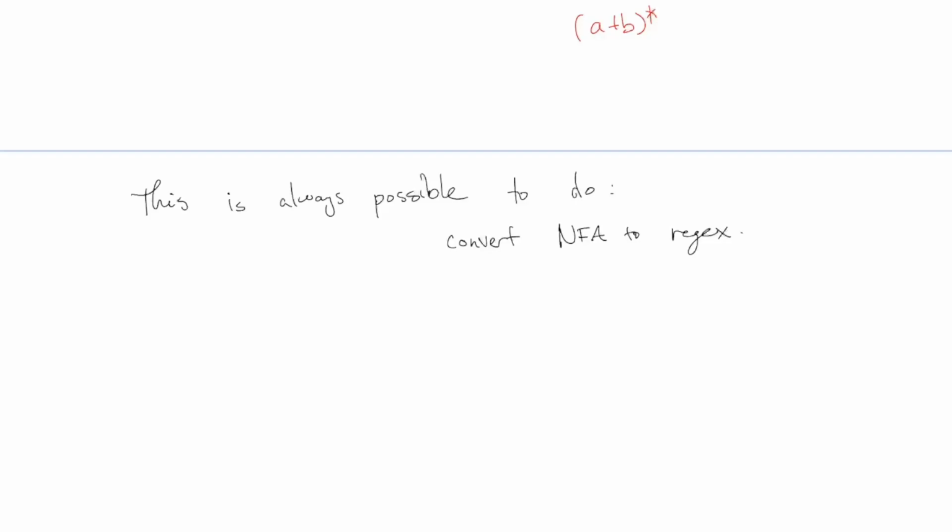What this means, so last time we talked about converting regular expression to NFA. That is always possible. And furthermore, it's also possible to convert any NFA to regular expression. What that means is, both of those things together means that NFAs and regular expressions are basically the same. They're interchangeable in terms of what kinds of languages they can express. All right, so that means this has a name.